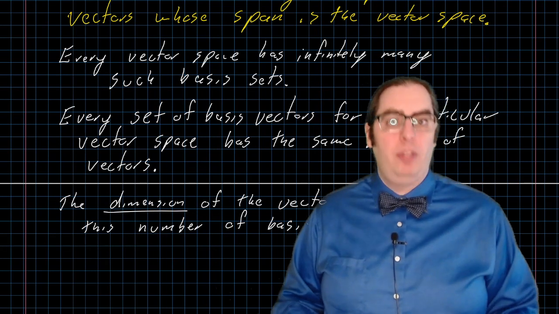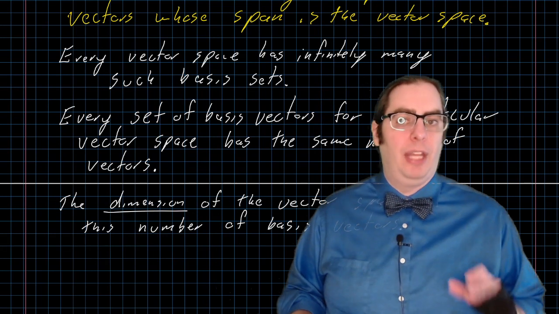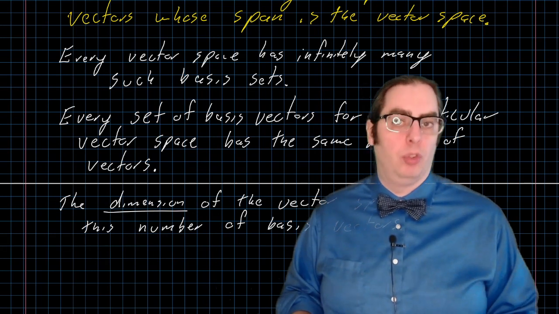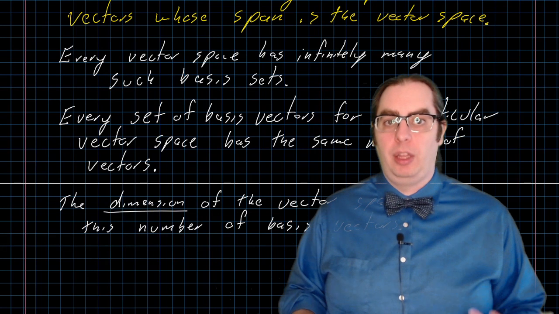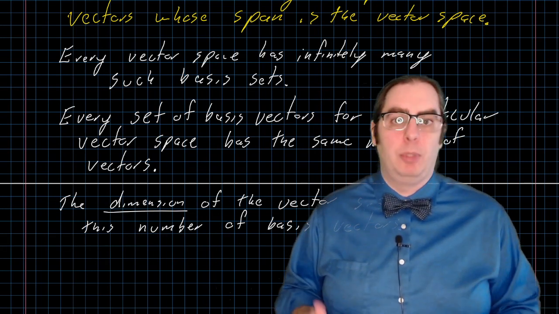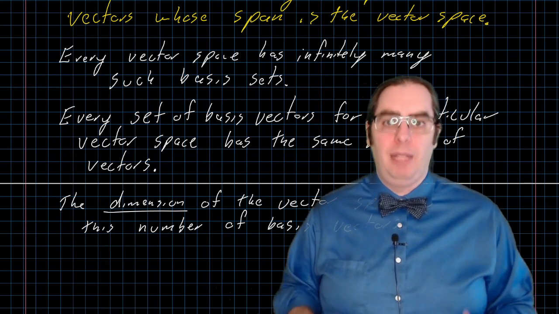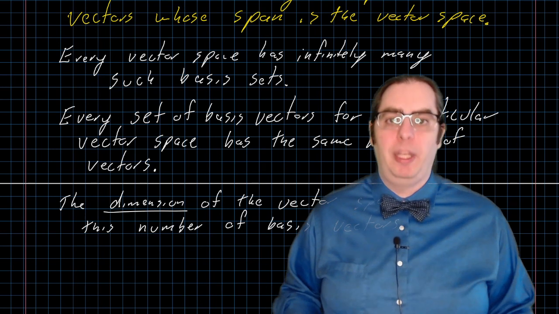And that always does work. Anytime you are talking about a one-dimensional vector space or subspace, you're talking about a line embedded in a higher dimensional space. Anytime you're talking about a two-dimensional space, you're talking about a plane embedded in higher dimensional space.